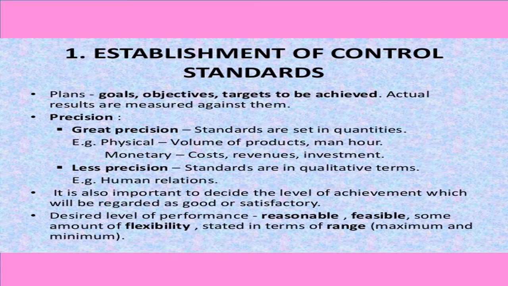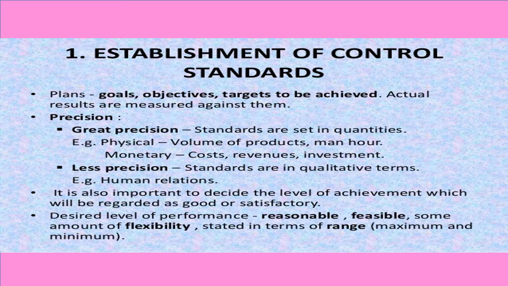For example, if you remember, we studied time and motion, where we said that every worker will produce, let's say, 10 units in a day. That is the standard, which I have set for every worker: to produce 10 units in a day.